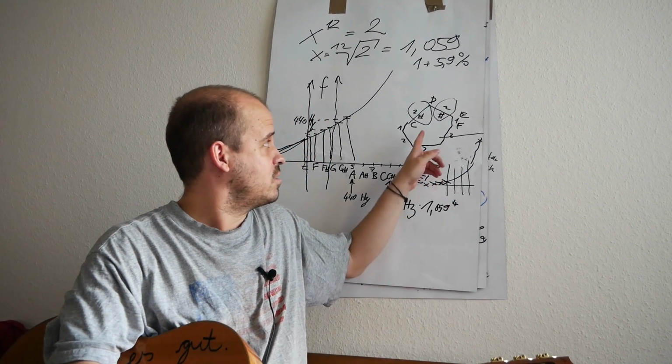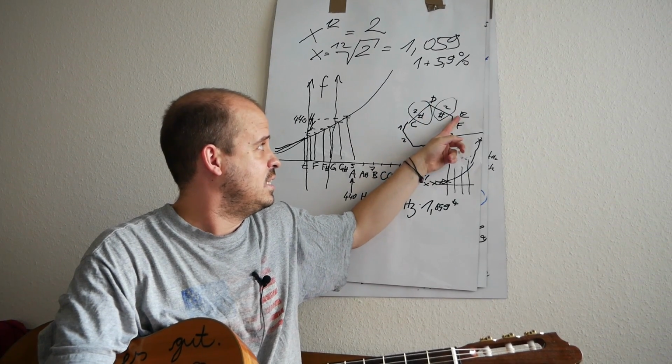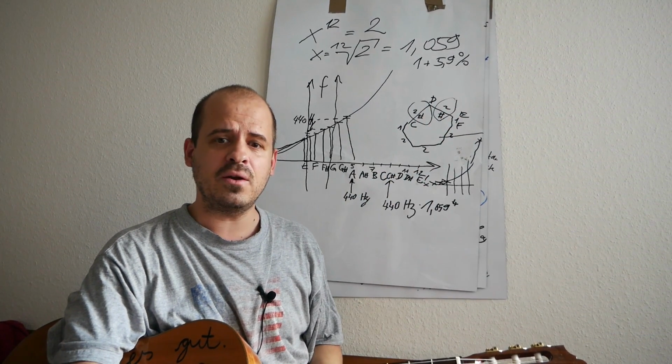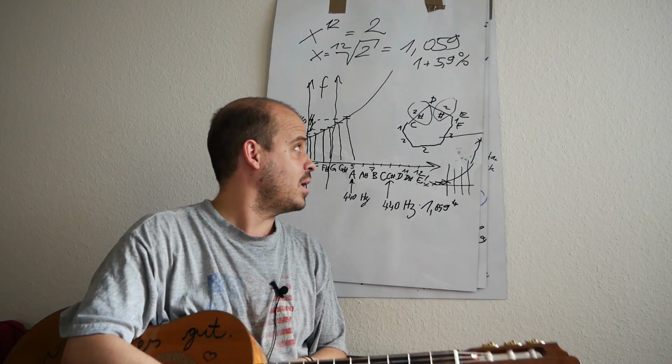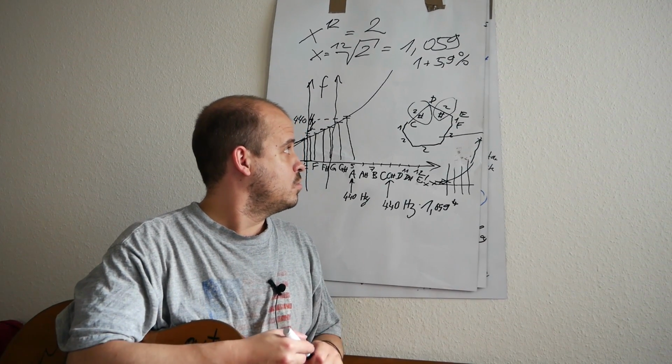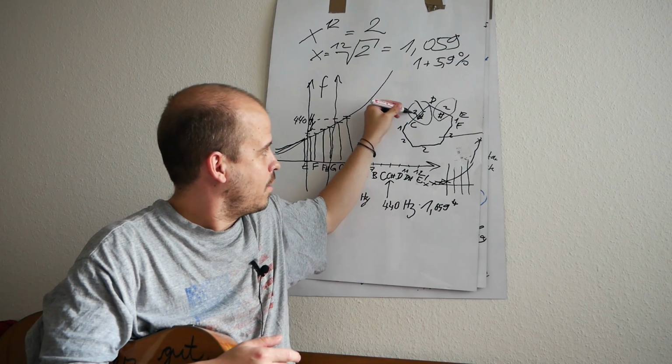And let's go back to this guy again. These were the C, D, E. If you have a look at the piano keys, you will find out that the C sharp is the black key, right?